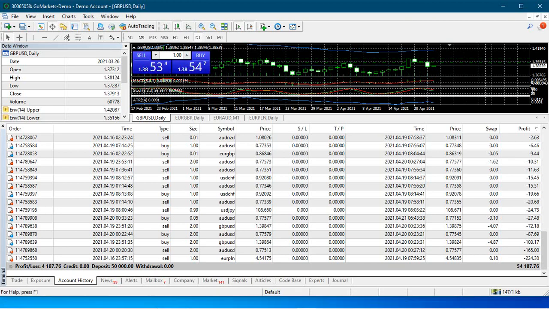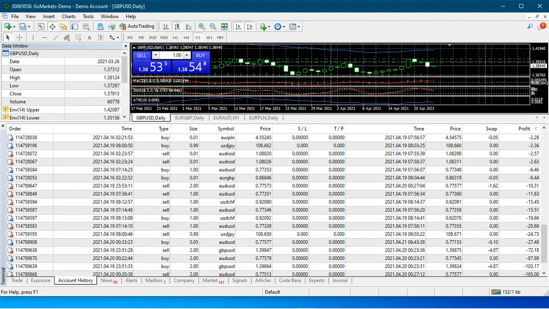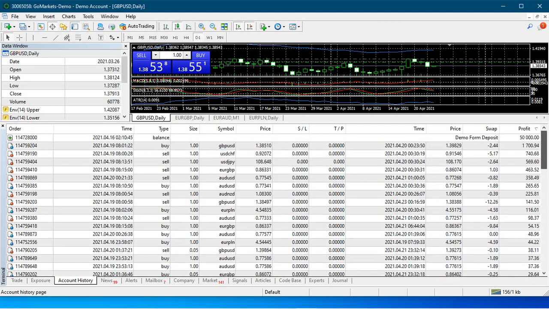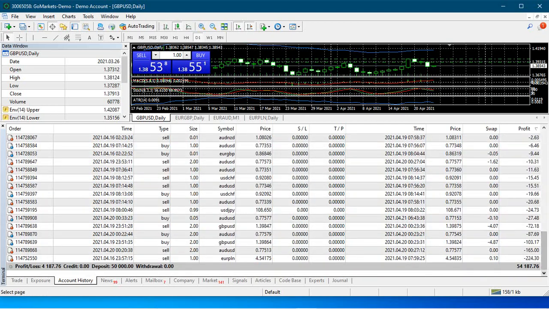These are the trades from the 16th of this month to the 23rd. These are all the trades, profits, losses, and giving you an overall balance of a plus $4,000 from the original currency.